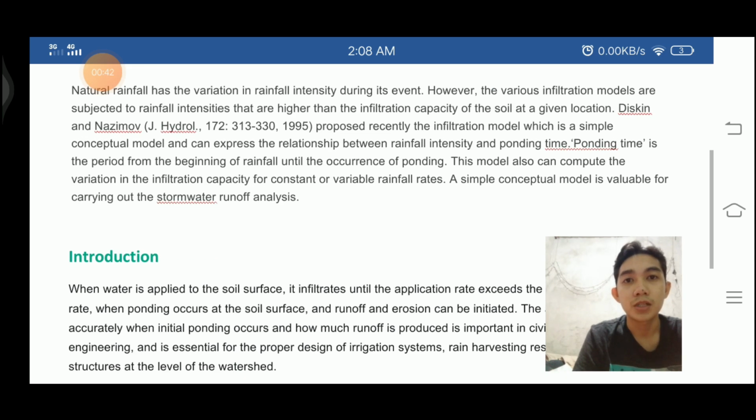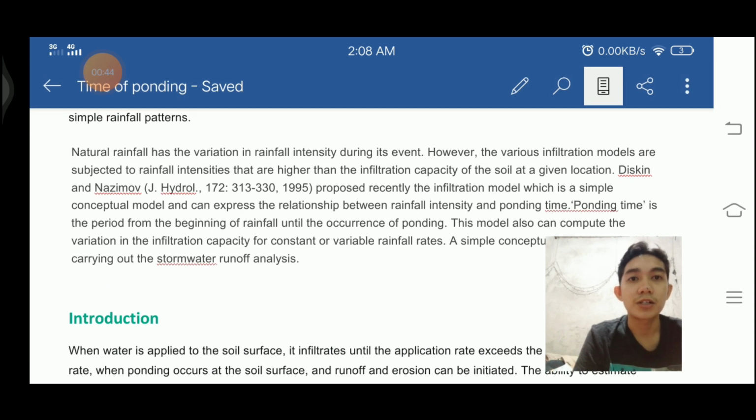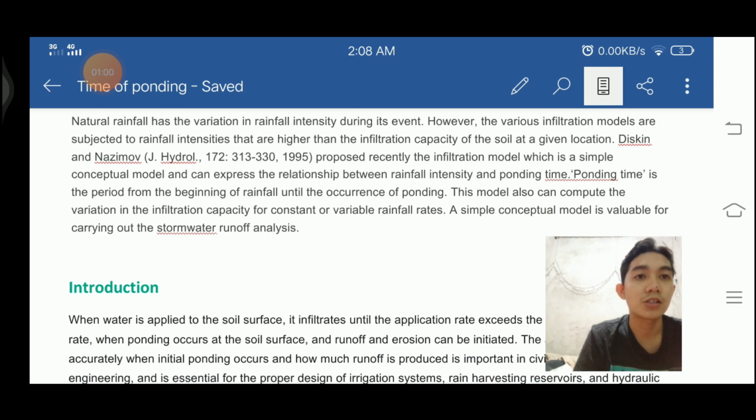Natural rainfall has variation in rainfall intensity during its event. However, the various infiltration models are subjected to rainfall intensities that are higher than the infiltration capacity of the soil at a given location. Diskin and Nasimov recently proposed an infiltration model, which is a simple conceptual model and can express the relationship between rainfall intensity and ponding time.